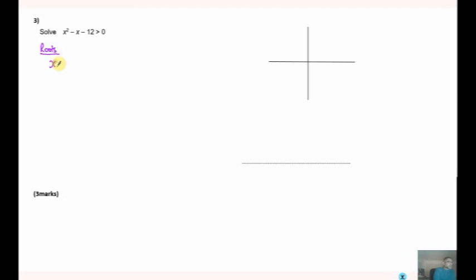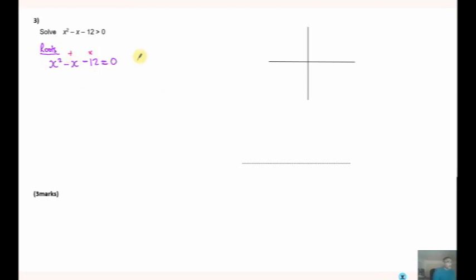So I need to solve x squared minus x minus 12 equals 0. If I work this out first, this one's nice and easy to factorize. Because there's no number in front of x squared, I need to find two numbers that multiply to minus 12 but add to minus 1, remembering that's the 1 in front of the x.